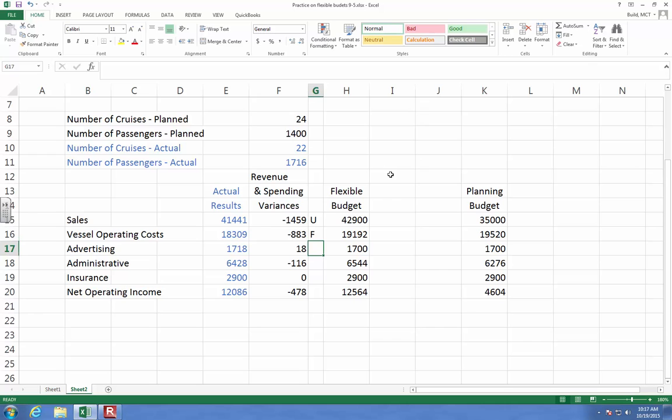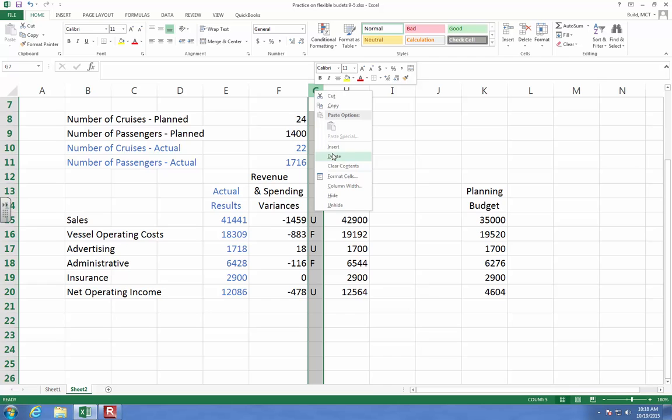How about advertising? And admin? Favorable, and nothing here. And so my net operating income is what? Flexible budget 12.5, actually, yeah, that's a U. Okay.